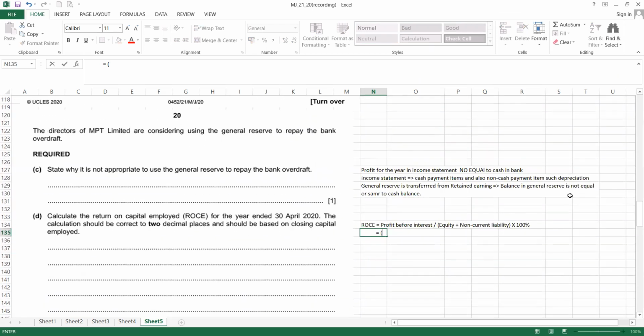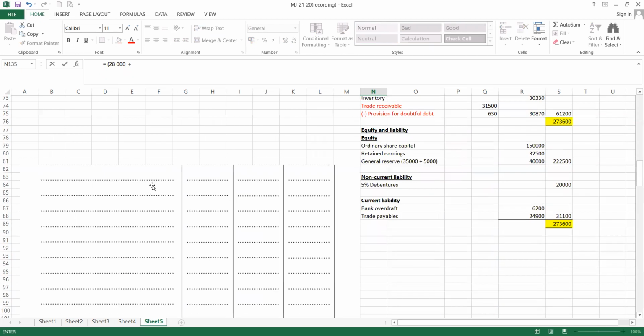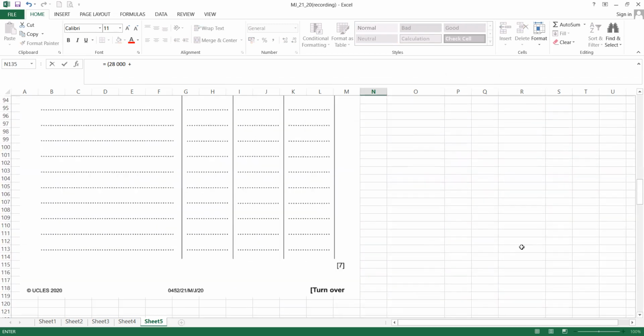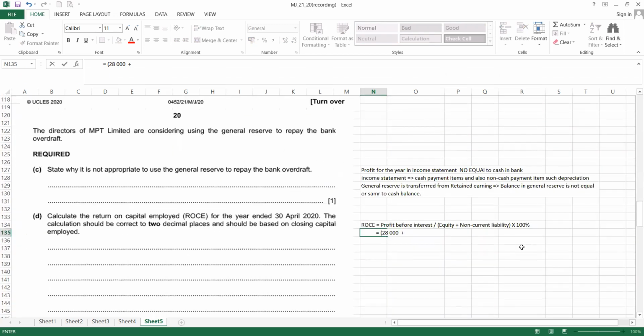We take 28,000 plus the debenture interest. The debenture interest is here: 5% debenture, 20,000, so we add back 20,000 times 5%. Then divide by the equity.